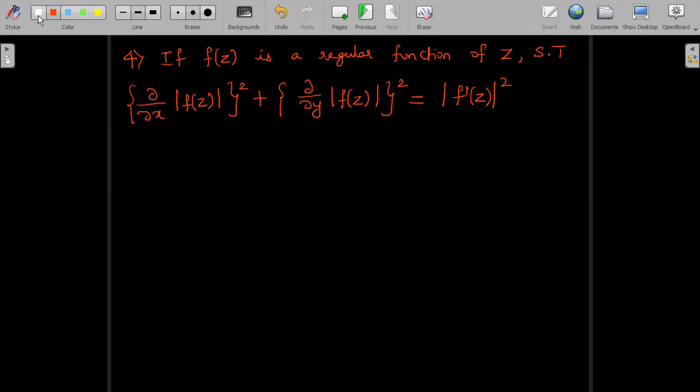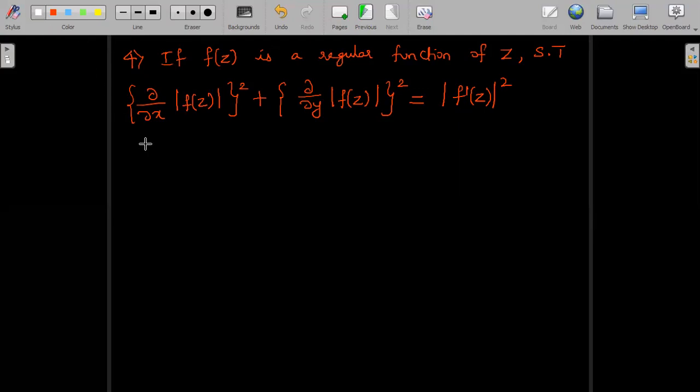So our requirement is, given f of z is a regular function of z. Regular function is the same as saying analytic function or holomorphic function; they are different names for the analytic function. So given f of z is an analytic function, we need to prove that dou by dou x of mod f of z whole square plus dou by dou y of mod f of z whole square is equal to f dash z the whole square.